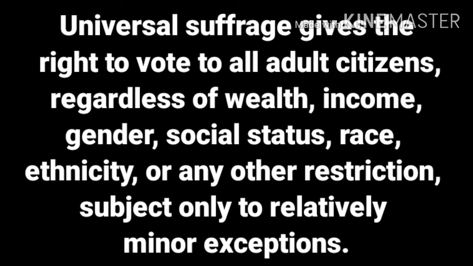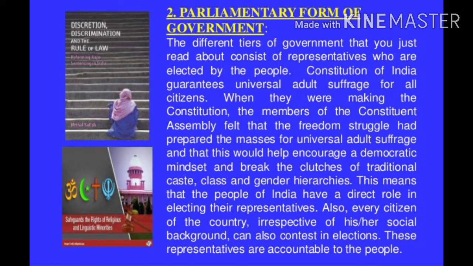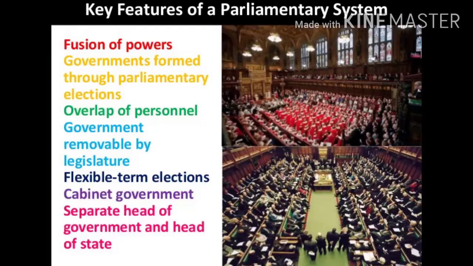Also, every citizen of the country, irrespective of her social background, can contest in elections. These representatives are accountable to the people. Meaning to say that India adopted a parliamentary form of government because it avoids the conflict between the legislative and executive, and it is more responsible than the presidential form of government.